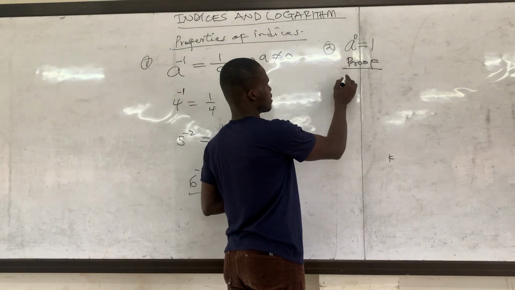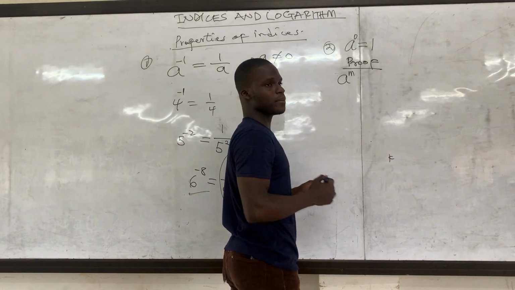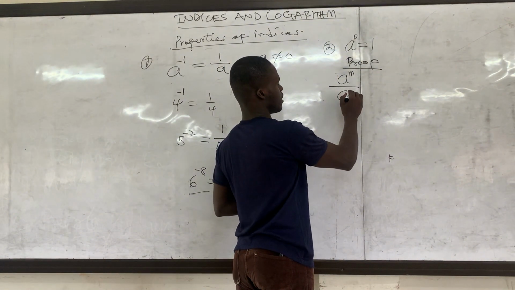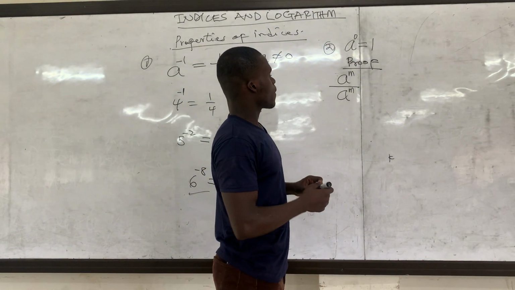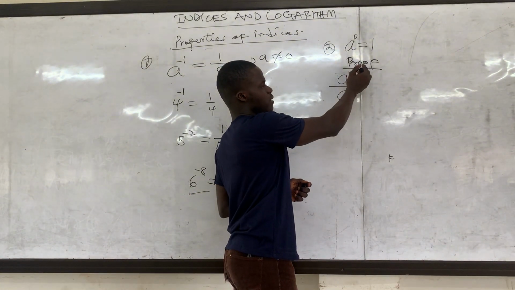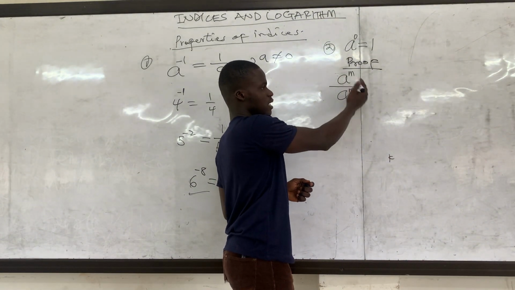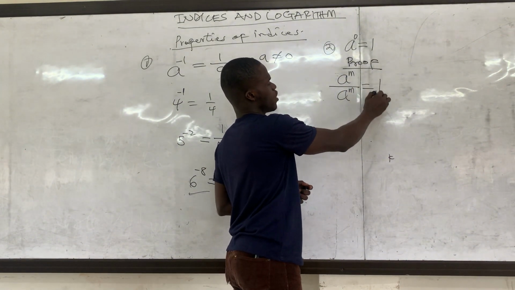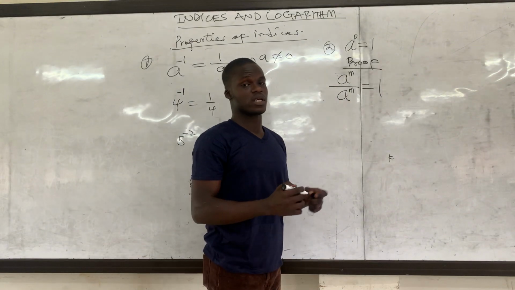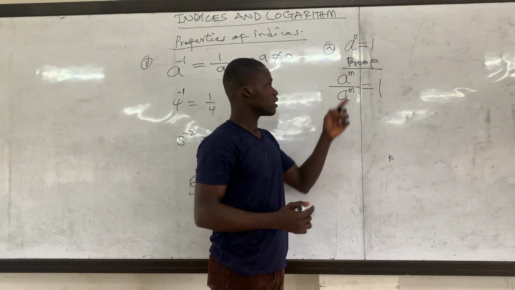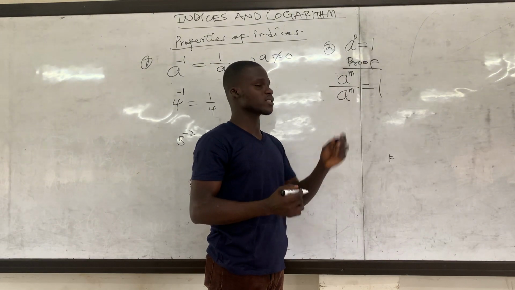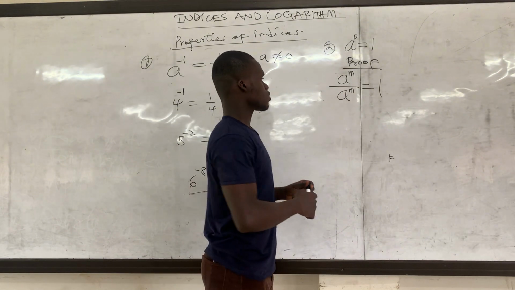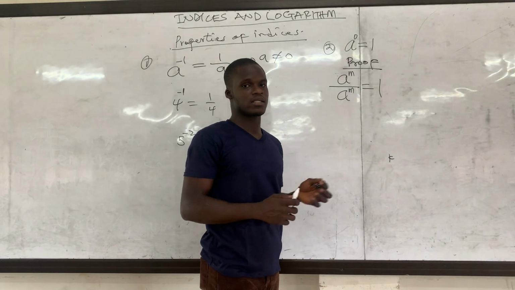So let's take a exponent n divided by a exponent n. Okay, so we know that this a exponent n can cancel this one, this can cancel this. So a exponent n divided by a exponent n, the answer should be 1, right? Because a exponent n can cancel itself. But we want to apply indices here.